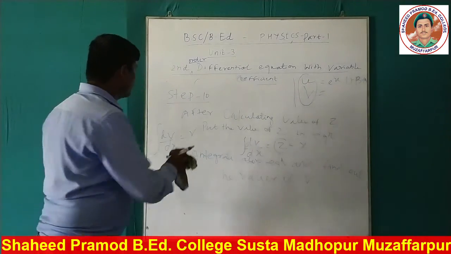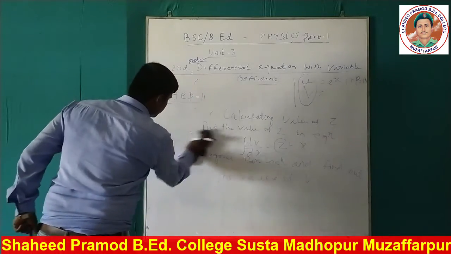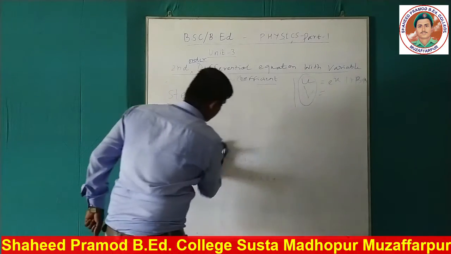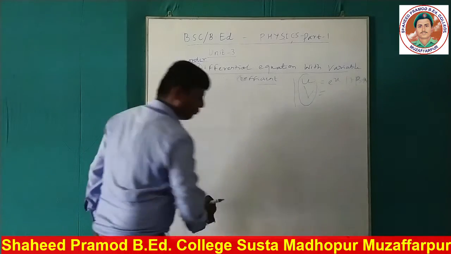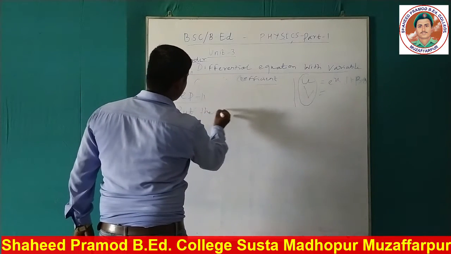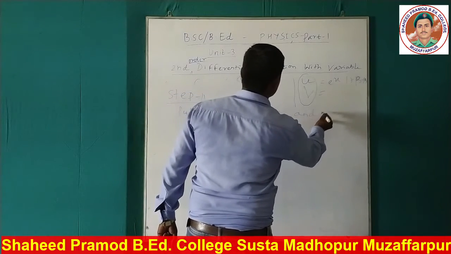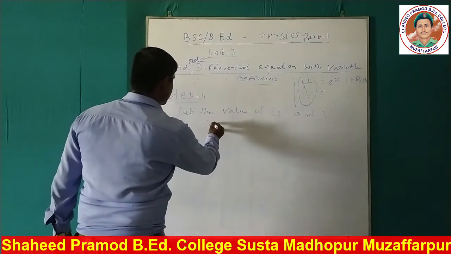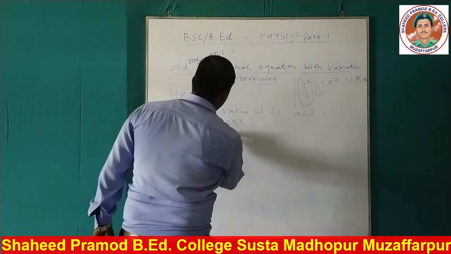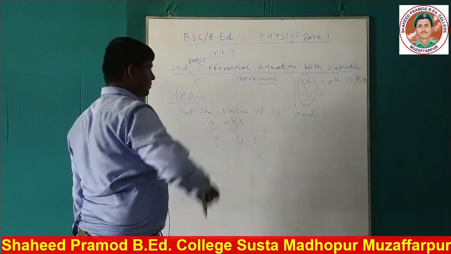So now step number 11. Put the value of u and v in the equation y is equal to u into v, and that was the solution you considered in the earlier step.